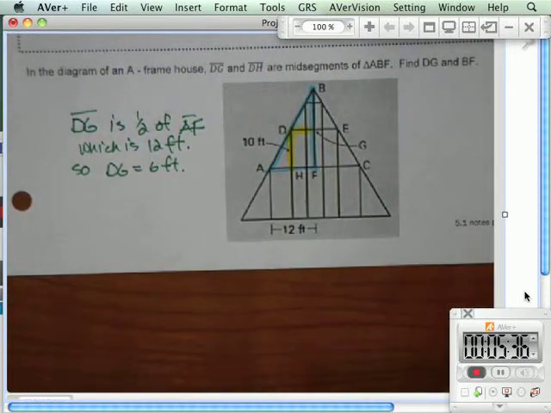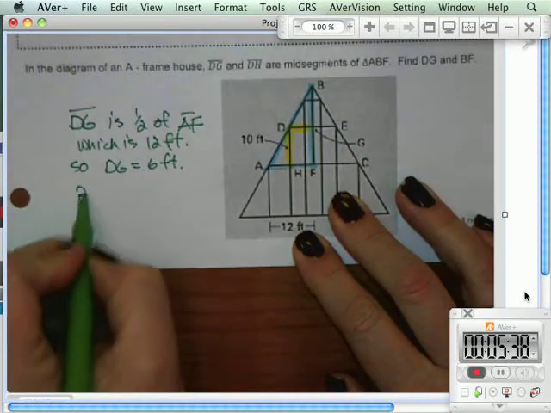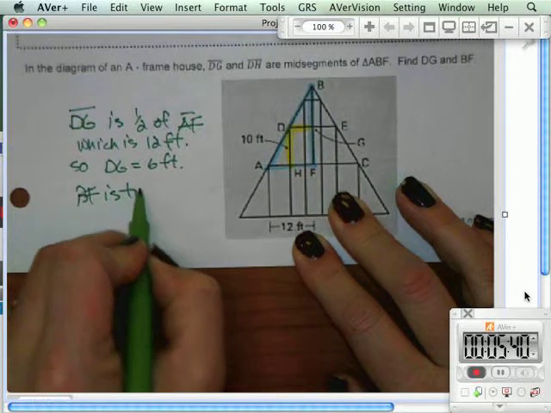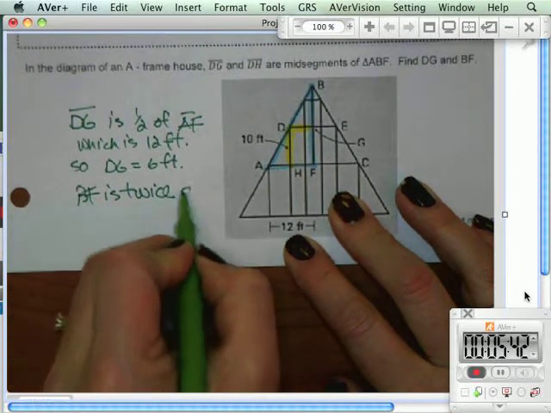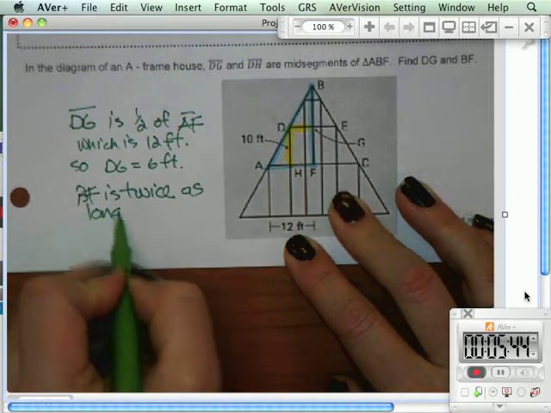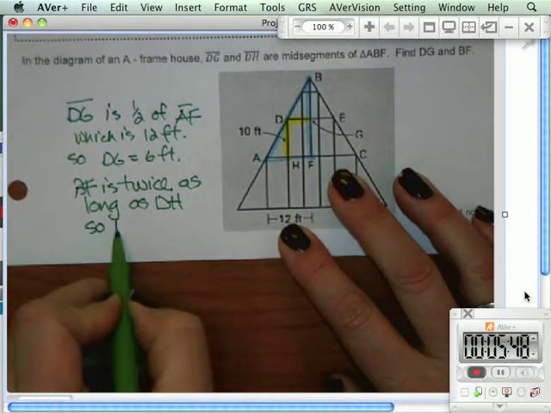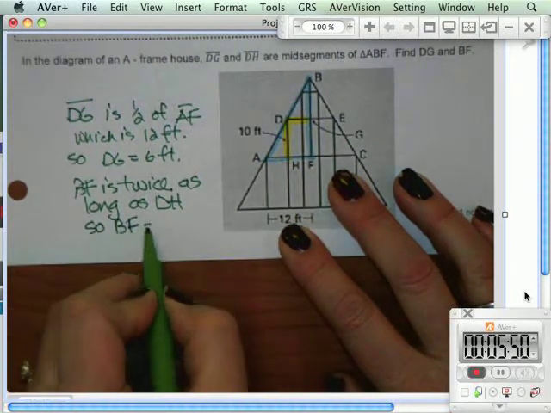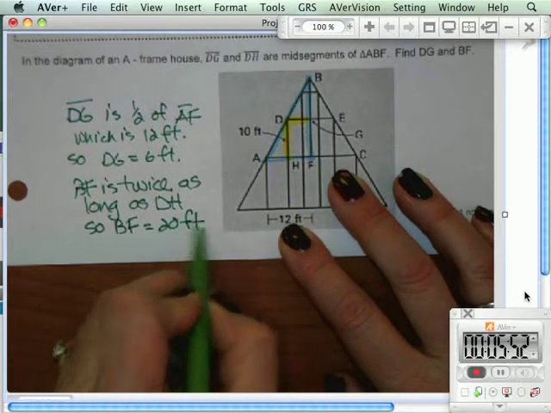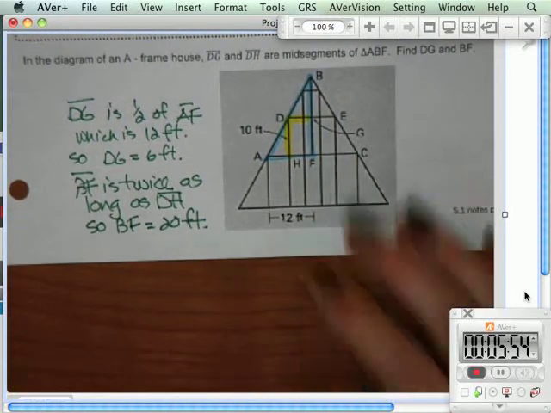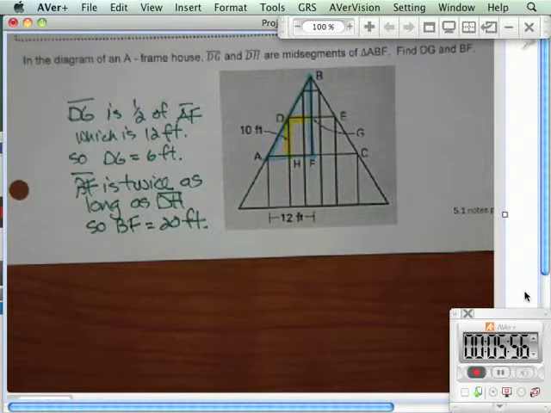Okay, so BF is twice as long as DH, so BF is equal to 20 feet. I really should put lines over there. Not too bad so far, right? Mid-segment theorem. Okay.